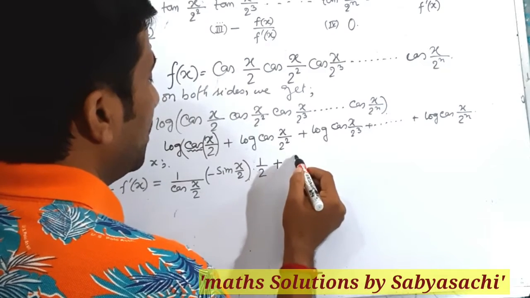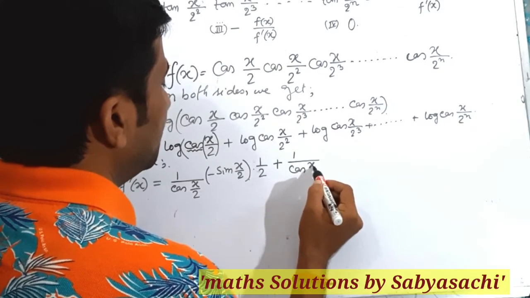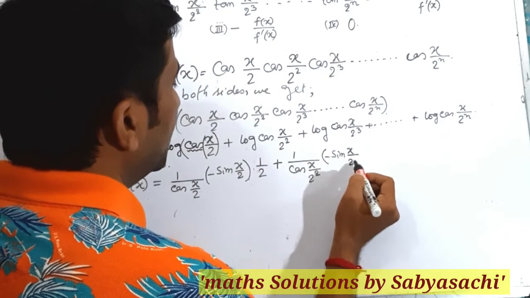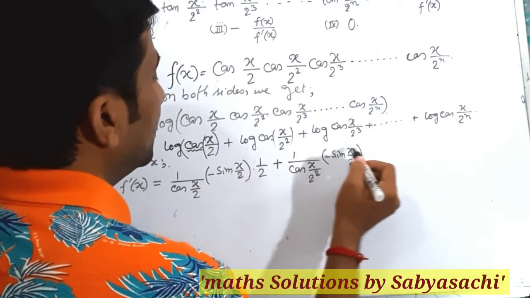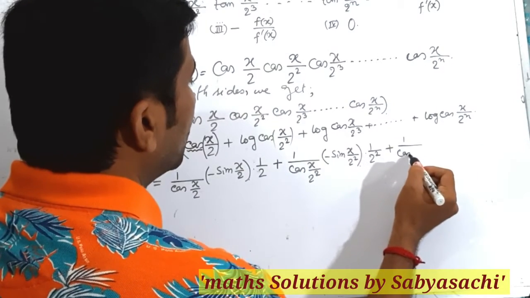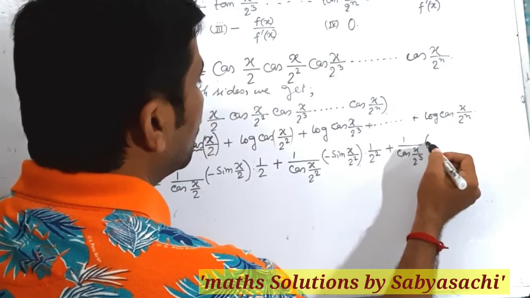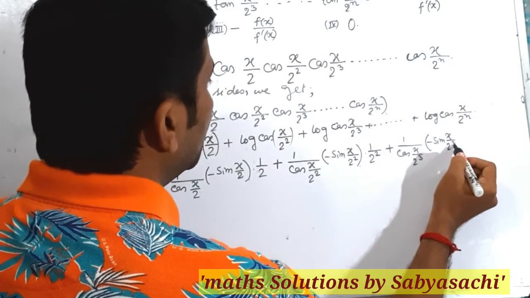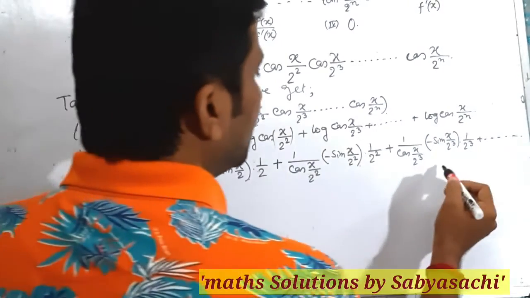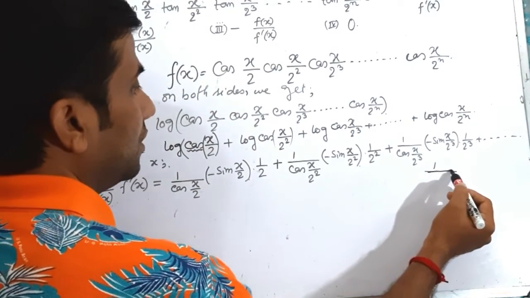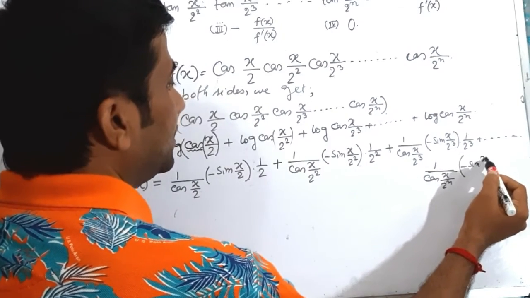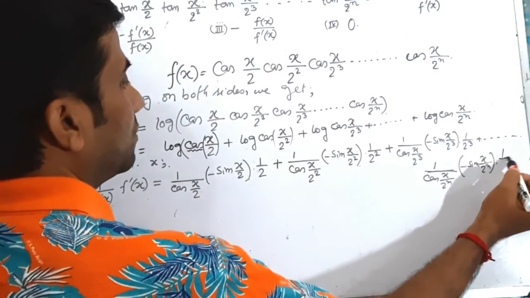This is equal to 1 by cos(x/2), and differentiation of cos(x/2) means minus sin(x/2), and differentiation of x/2 is half. Similarly, 1 by cos(x/2²), differentiation of cos means minus sin(x/2²), and this is 1 by 2², plus 1 by cos(x/2³), minus sin(x/2³) into 1 by 2³, plus and the last term is 1 by cos(x/2ⁿ), minus sin(x/2ⁿ) into 1 by 2ⁿ.